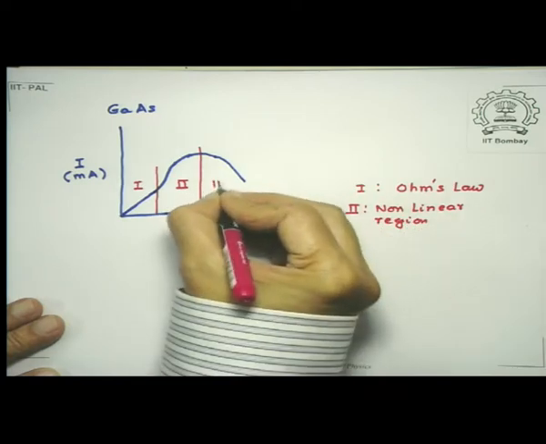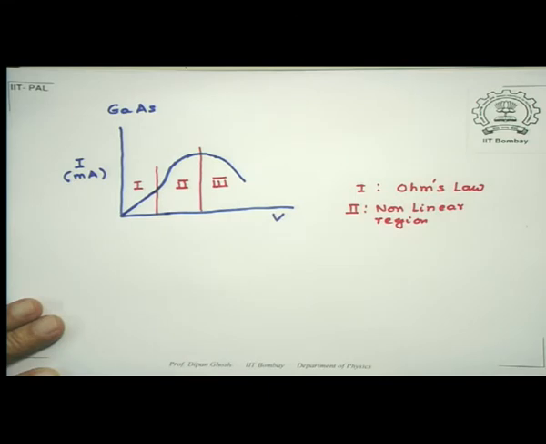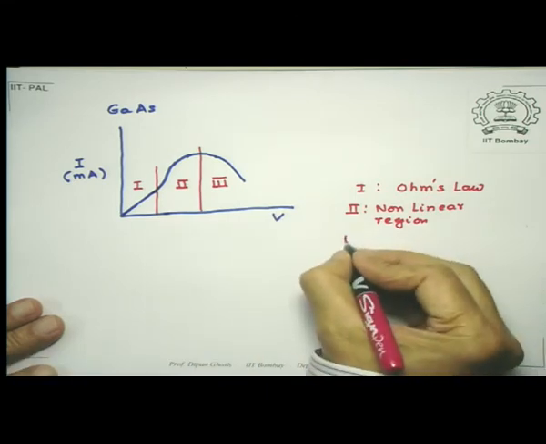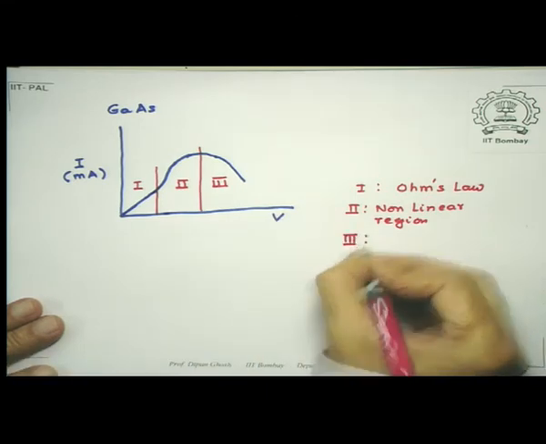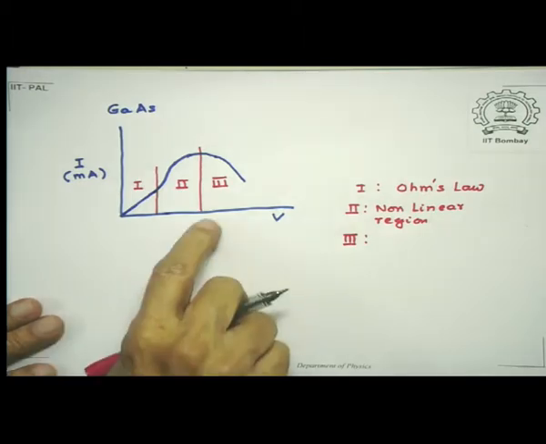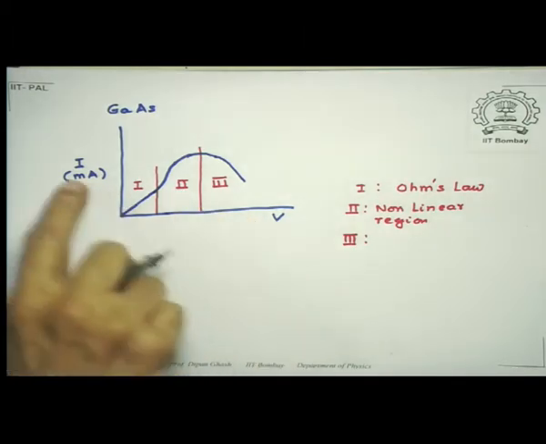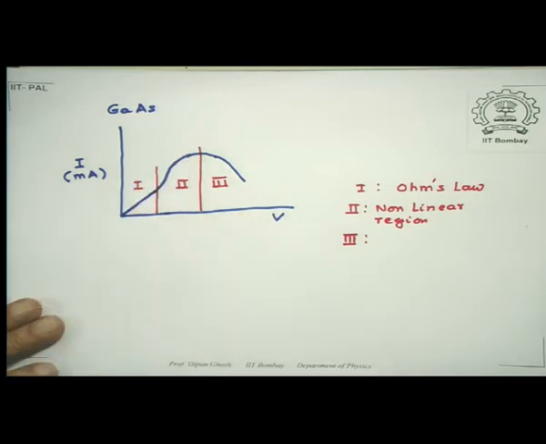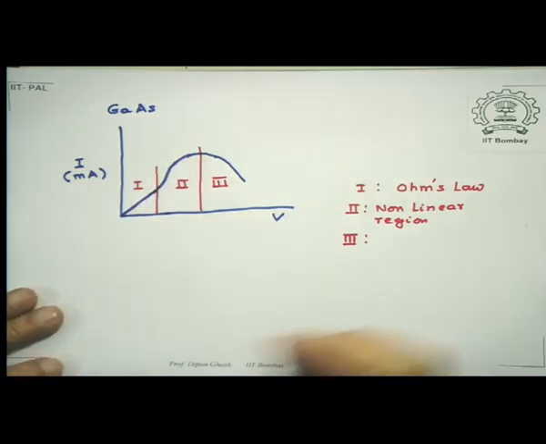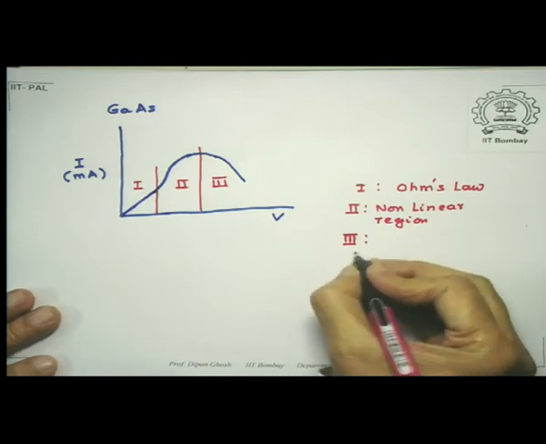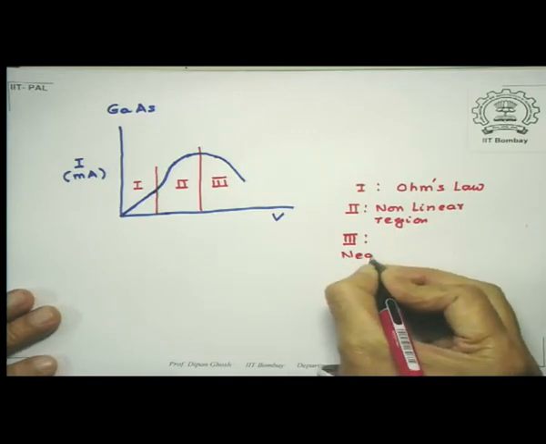And the last region that we have is a region where something interesting is happening: as voltage increases, current, instead of increasing as is normally the case, starts decreasing. So in other words, this is actually a region which is showing negative resistance.